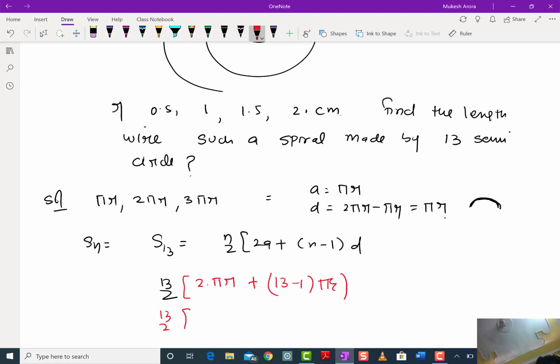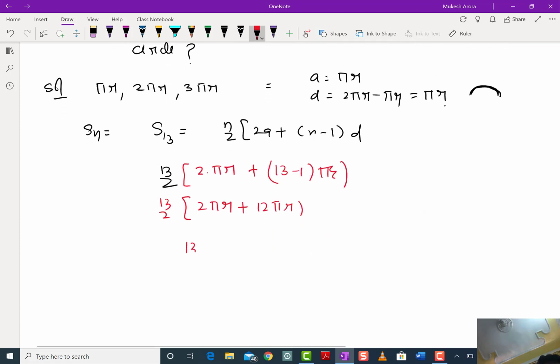So 13 by 2 into 2 pi r plus 12 pi r. So 13 by 2 into 14 pi r. This is cancelled. So 13 into 7 into 22 by 7 into r.